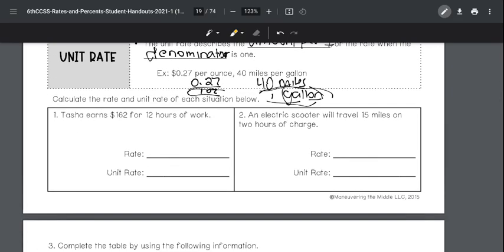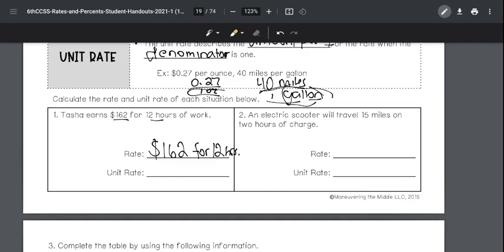All right, first two examples. Tasha earns $162 for 12 hours of work. So our rate is just taking that information. So she makes $162 for 12 hours. Okay.